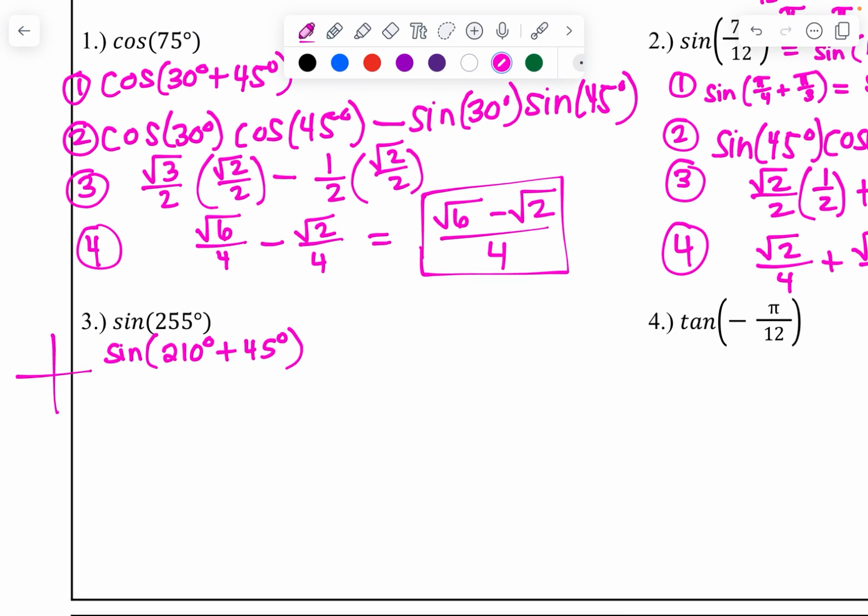So 210 degrees, we're down here in quadrant 3. It would be from here all the way to there. And the question is, how far away from 180 are we? 30 degrees. So this is our reference angle for 210 degrees.